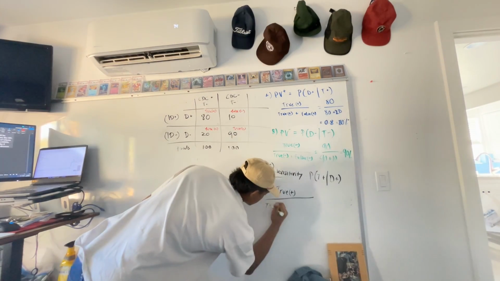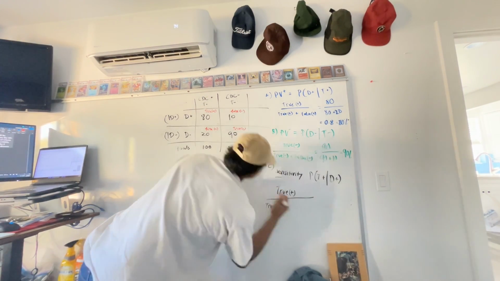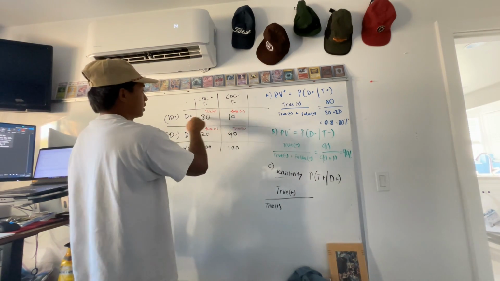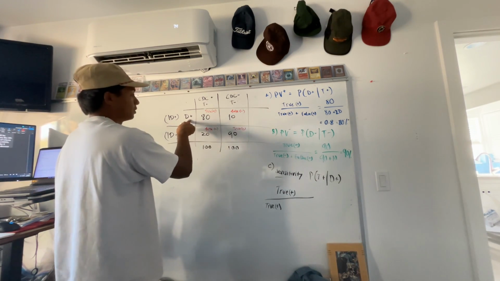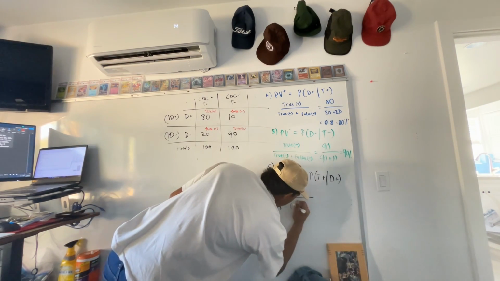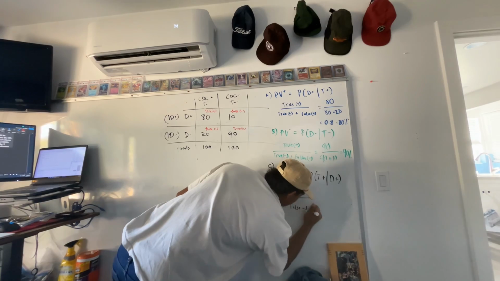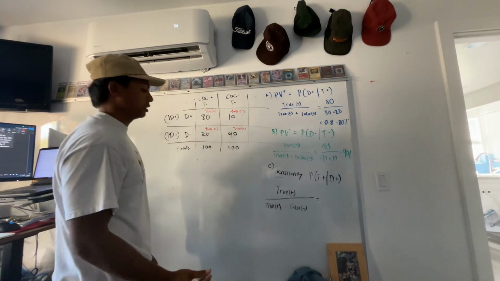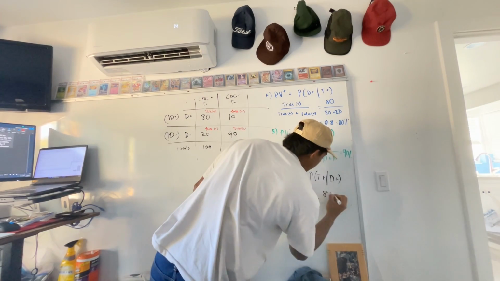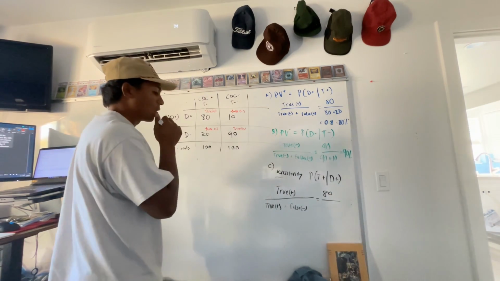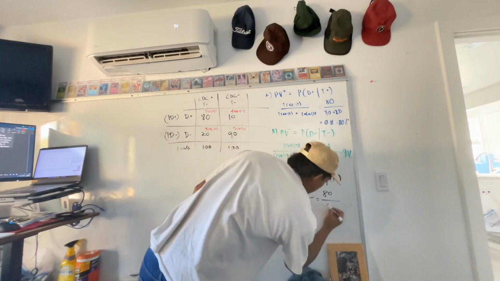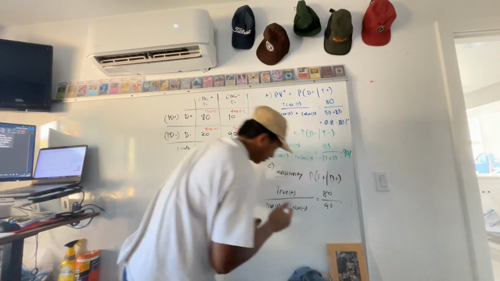So that's true positive plus our false negative, because our false negative is really disease positive. So let's go ahead and plug in numbers here. True positive is 80, over our true positive plus our false negative. So that's 90, saving some time here for us.